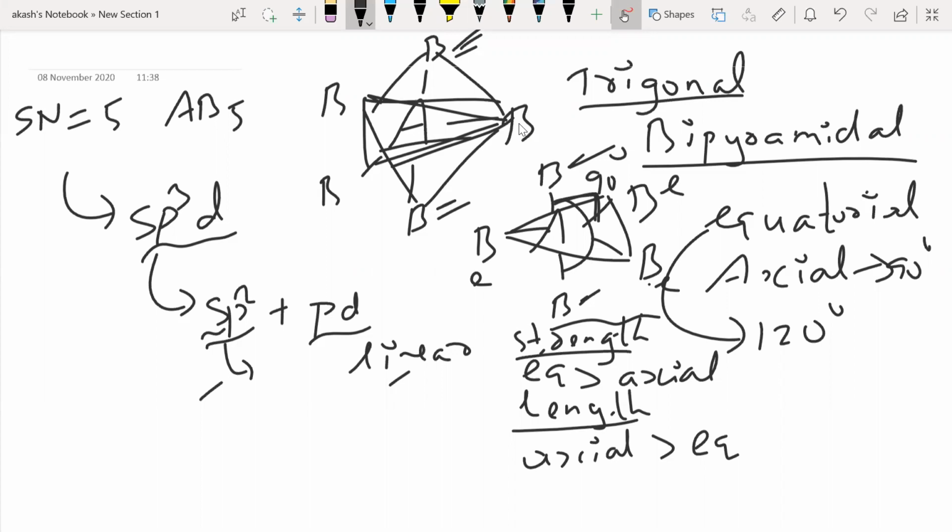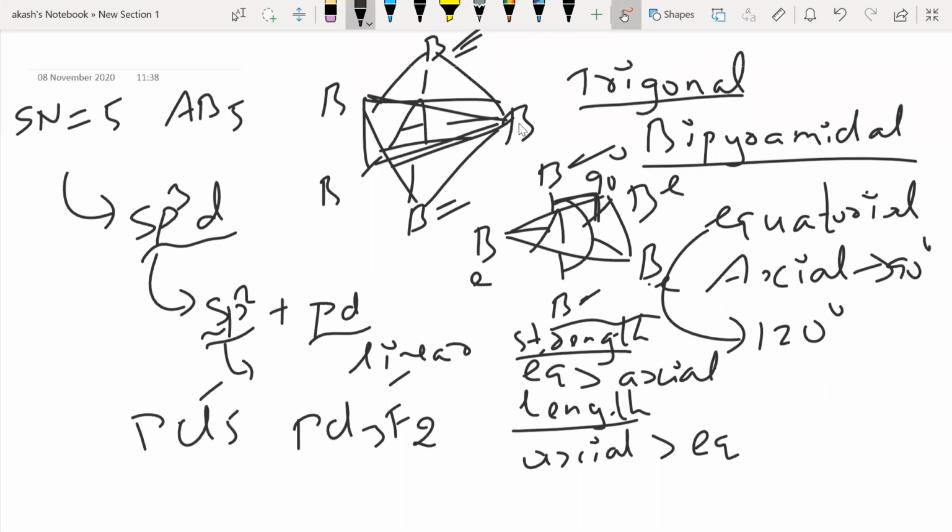Now, if I want a little complicated, if I have PCl5, there's no problem. All the axial and equatorial bonds are going to be chlorine atoms, no issues, right? But if I have a molecule like PCl3F2, something like this, now there'll be a confusion, right?